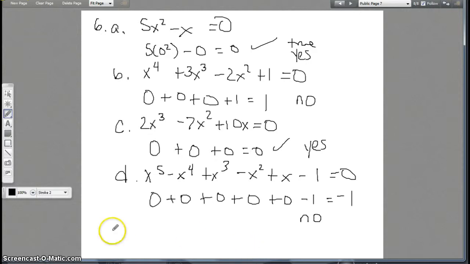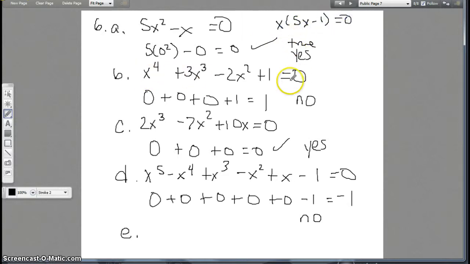Now, part E says, how can you tell from looking at a polynomial equation in standard form whether 0 is one of its solutions? Well, let's look at the equations where 0 was a solution, which are parts A and C. I notice in part A that x is a factor in everything. We could have actually factored this as x times 5x minus 1 equals 0.